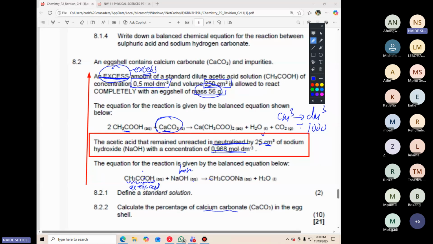We want to calculate how much calcium carbonate is in the eggshell. Remember, the eggshell is not the calcium carbonate, but the eggshell contains calcium carbonate. We want to calculate the amount of calcium carbonate as a percentage.